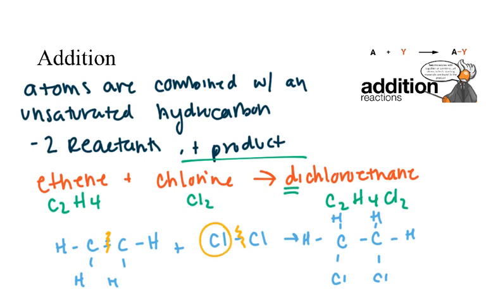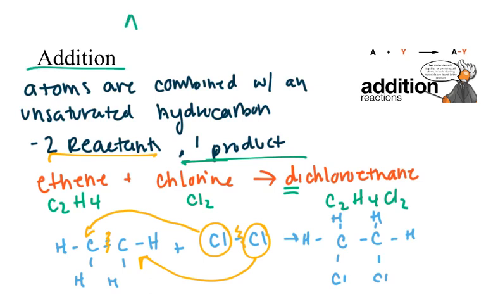Our first chlorine swoops in and attaches here, and our second chlorine swoops in and attaches there to fill in those places. So again, this is 2 reactants and only 1 product. So a little bit different than substitution. This is addition. Remember, A plus B gives us AB.